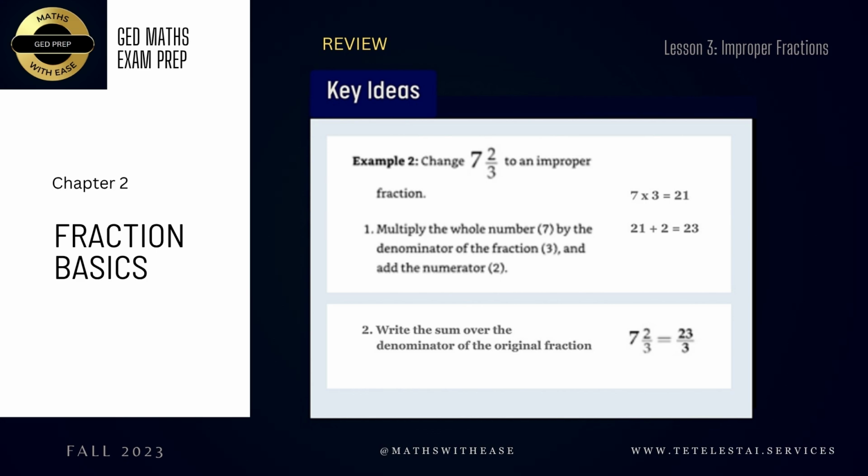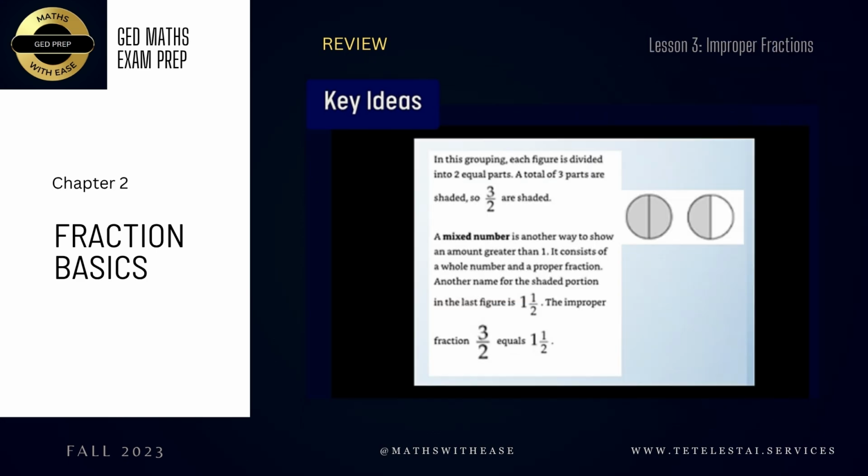If we go back to our illustration here, remember how we were discussing that these two circles can be represented in two different ways, right? You can count the number of grayed out parts, which is 3 in this case, over the number of circles, which is 2, or you can represent them in terms of the whole quantity.